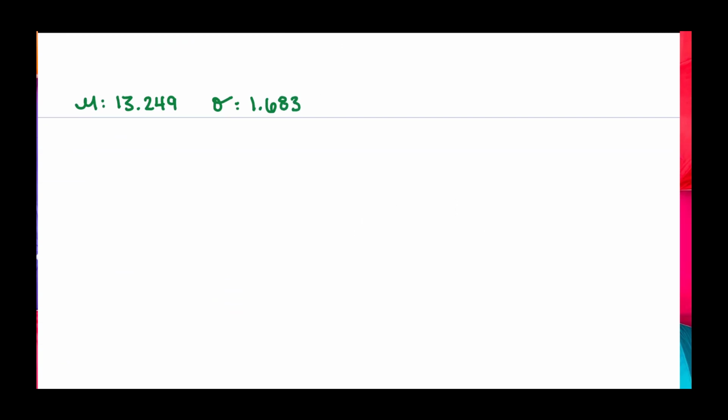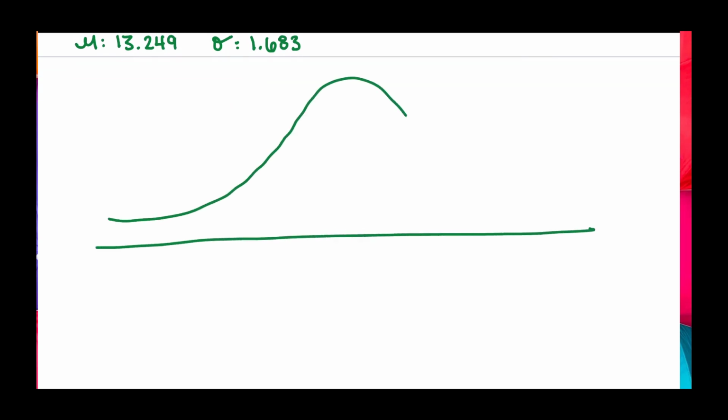And what I find helpful here is to actually draw this out. So we actually draw curves a lot in this class, so you want to go ahead and get used to that. So I draw out a nice curve.